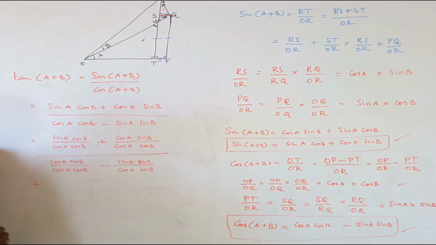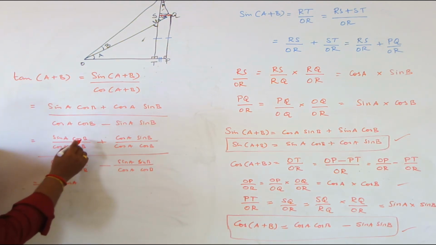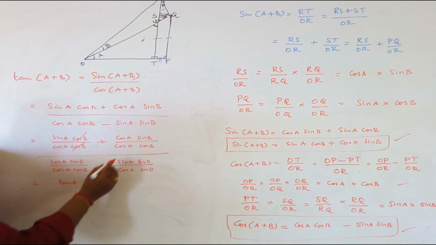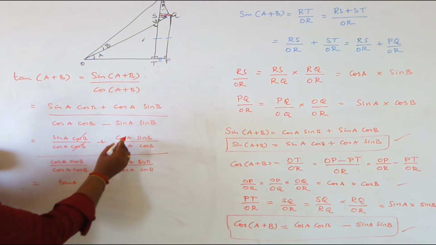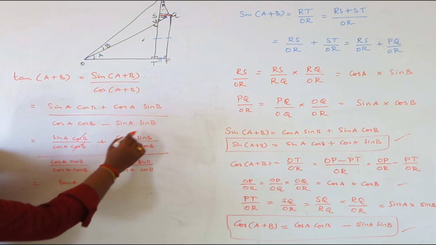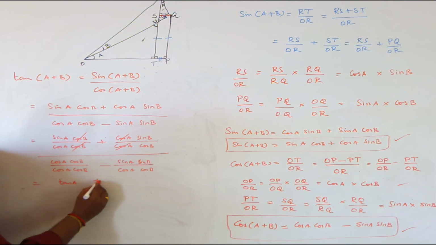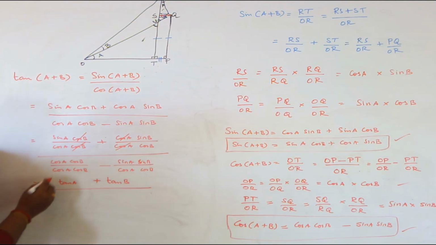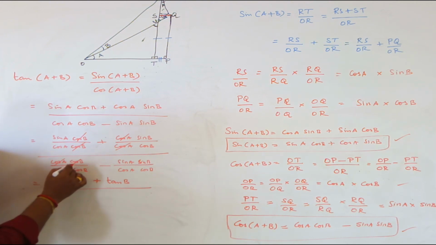So, when we divide, here sin A by cos A will become tan A. Cos B by cos B will be cancelled. Plus, here cos A, cos A can be cancelled. The remaining values are sin B by cos B. Sin B by cos B is nothing but tan B. Whole divided by, here cos A cancels, cos B cancels.